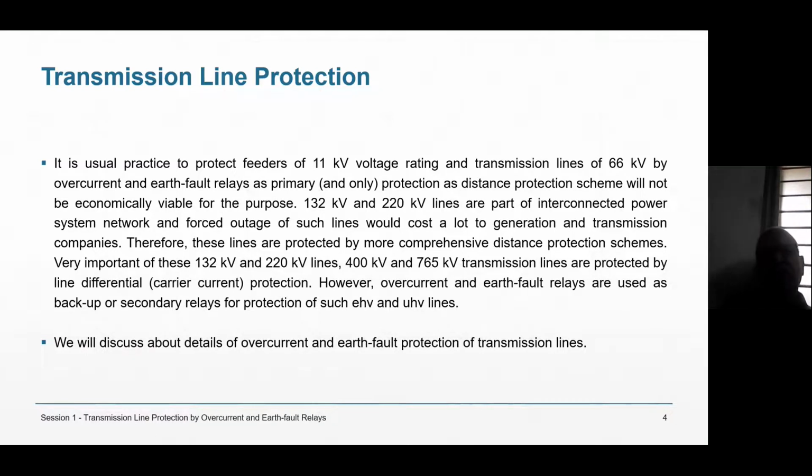So overcurrent and earth fault is throughout, up to all voltage levels, as a backup. At 66 kV it is the main protection. At 11 kV it is the main protection. So we will discuss these things now.